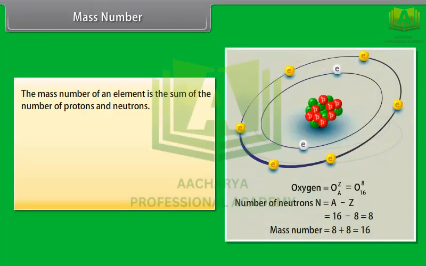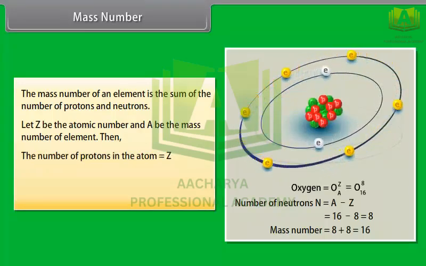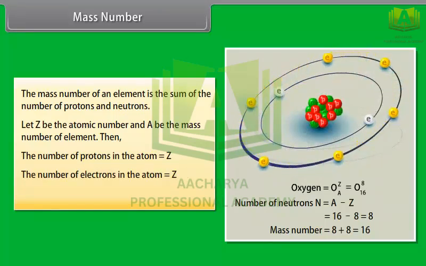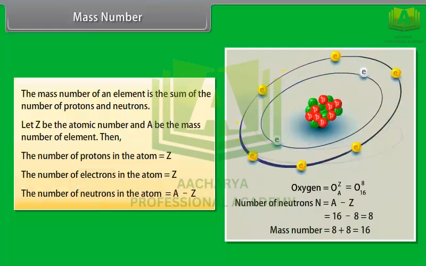The mass number of an element is the sum of the number of protons and neutrons. Let Z be the atomic number and A be the mass number of the element. Then the number of protons in the atom is equal to Z. The number of electrons in the atom is equal to Z. The number of neutrons in the atom is equal to A minus Z.